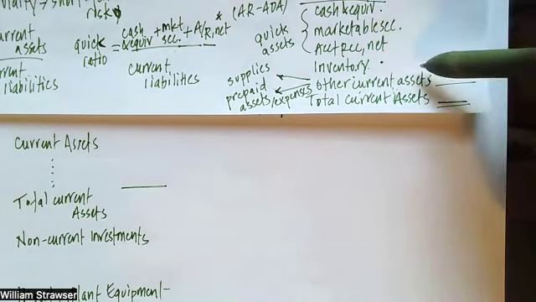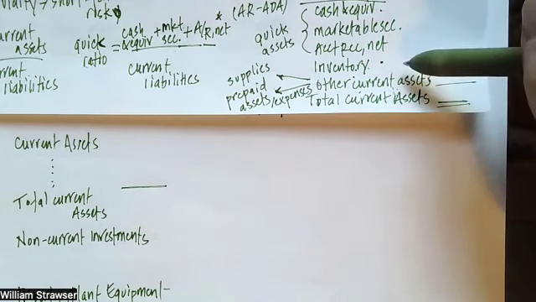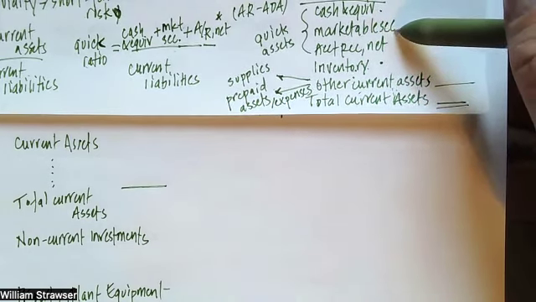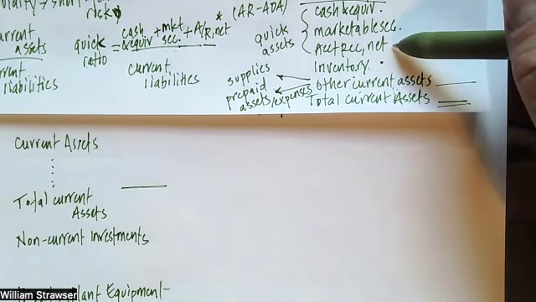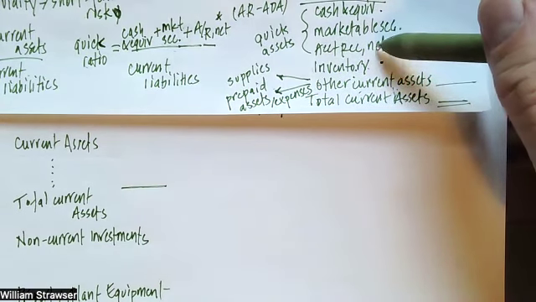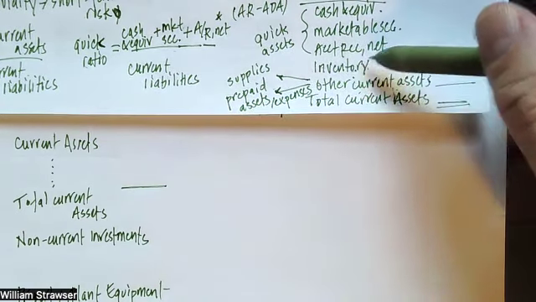Cash and cash equivalents, we've talked about. Marketable securities, we're going to talk about a little bit more, some of the different types of investments. We've definitely hit accounts receivable and inventory.